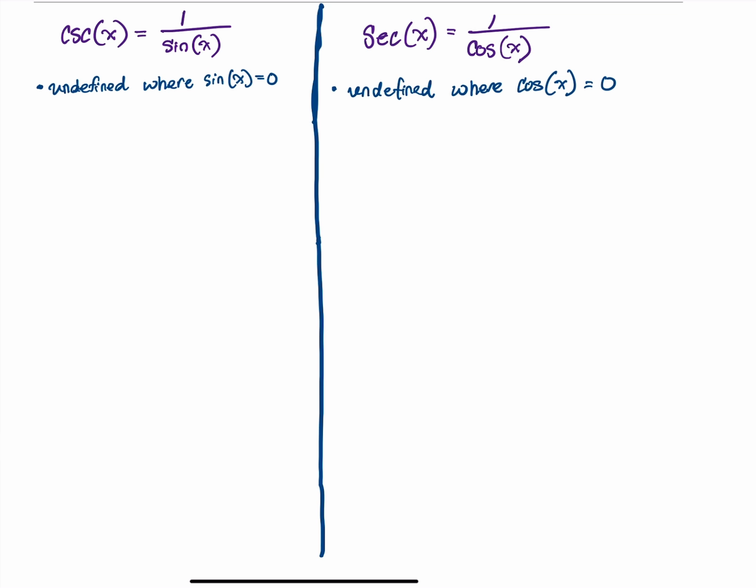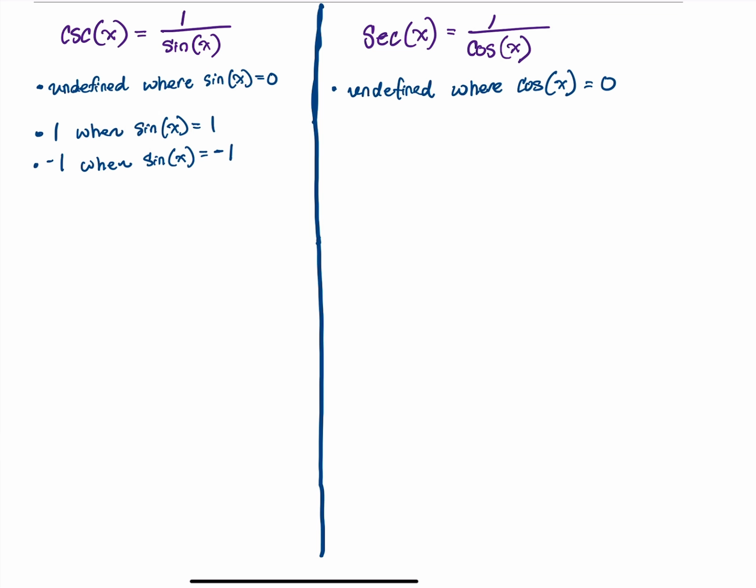We can say the cosecant will be +1 when the sine of x is +1, and it'll be equal to -1 when the sine of x is equal to -1. So it will share those points. When sine has a minimum or maximum, we'll have a point on our cosecant graph. But when the sine is equal to 0, we'll have an asymptote.